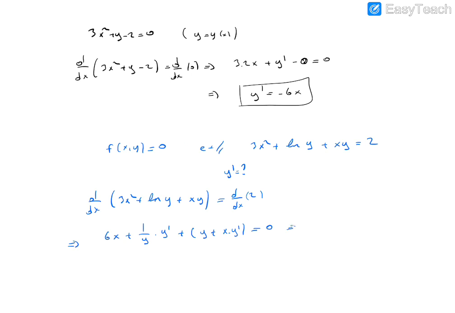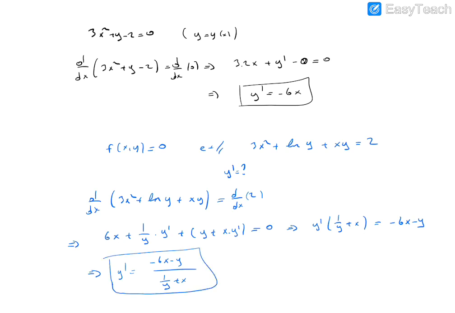Taking y prime as a common factor, y prime times (1 over y plus x), and on the other side minus 6x minus y. This implies y prime is minus 6x minus y over (1 over y plus x). So this is the derivative of y.